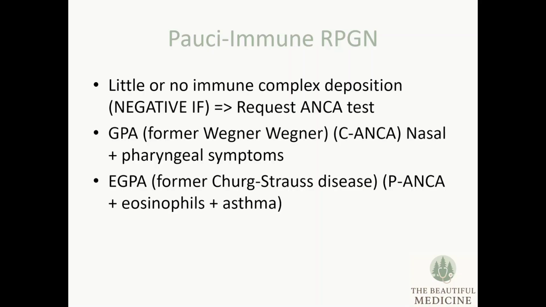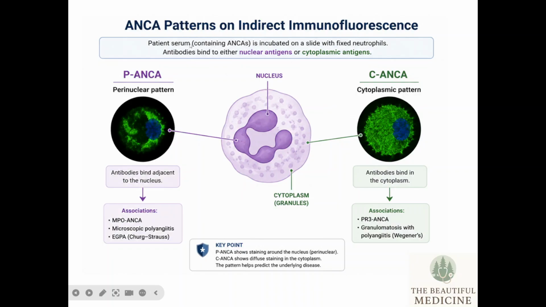You can differentiate because of the ANCA test. As you can see here, the patient's serum containing ANCAs is incubated on a slide with fixed neutrophils. Antibodies bind to either nuclear antigens or cytoplasmic antigens. So the P-ANCA is perinuclear and the C-ANCA is cytoplasmic.